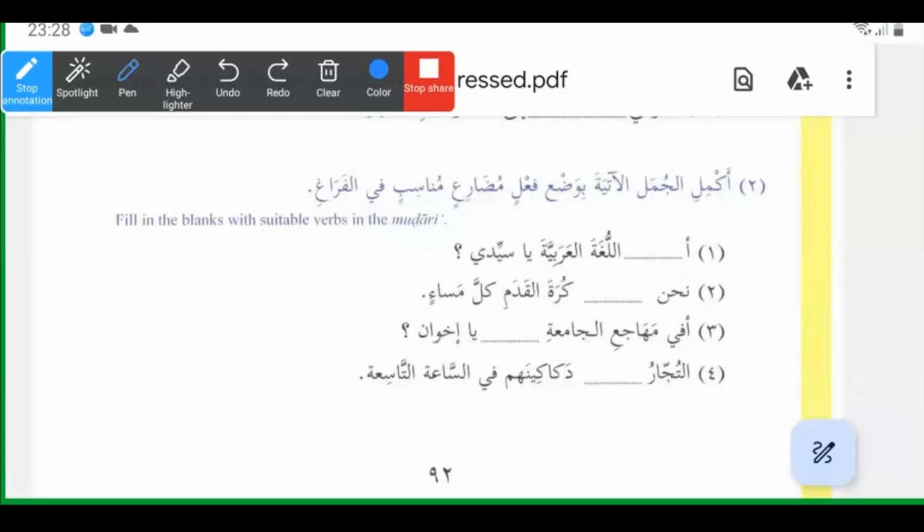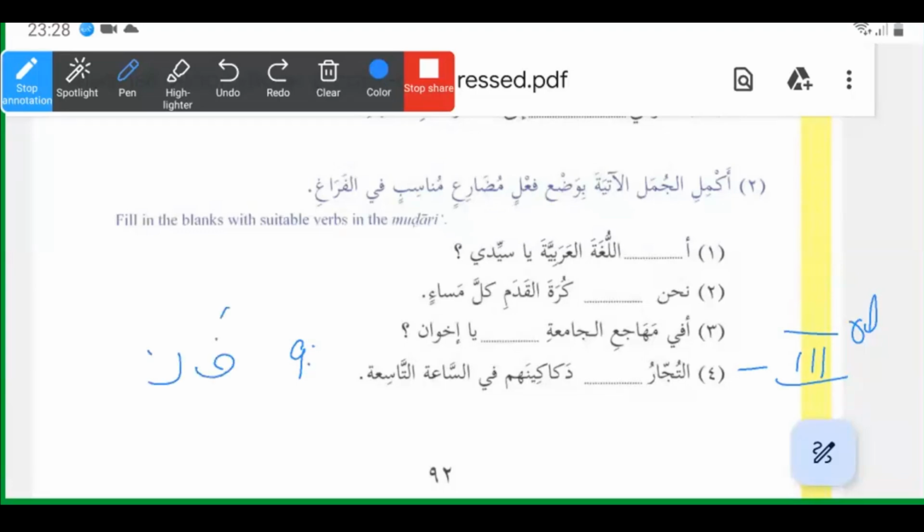At-Tujjar means businessmen. Once we are talking about businessmen, it means it's a third person. And Tujjar is male and also jama. So we will say At-Tujjaru dash their shops fi saati tasiya, 9 a.m. in the morning. So we will say At-Tujjaru yaftahuna.